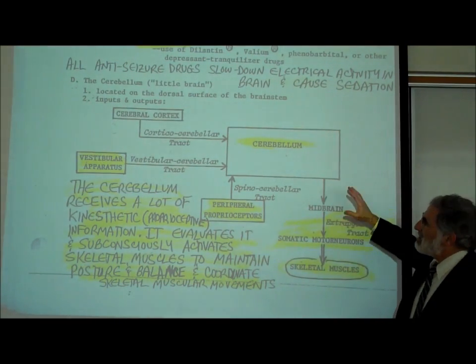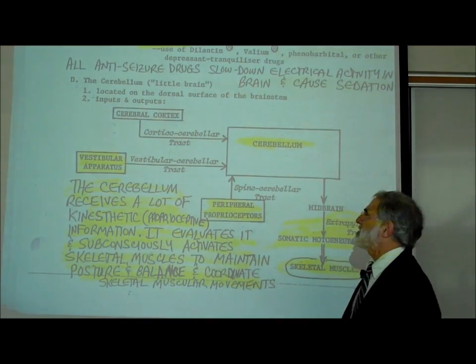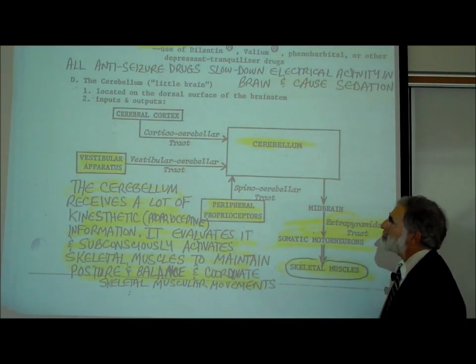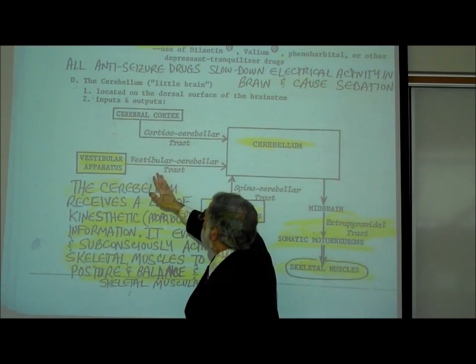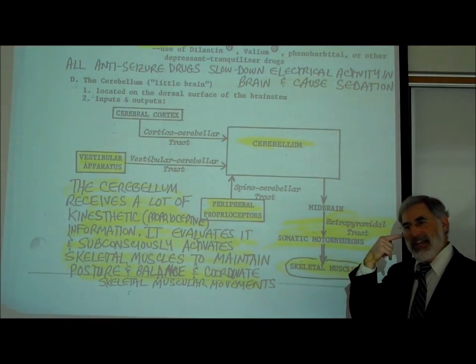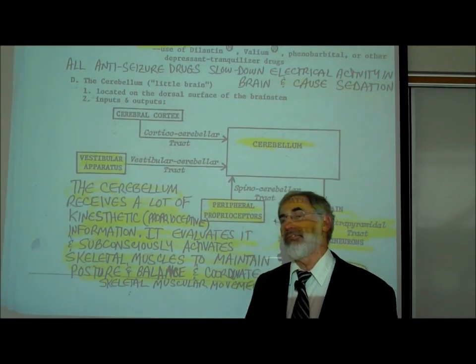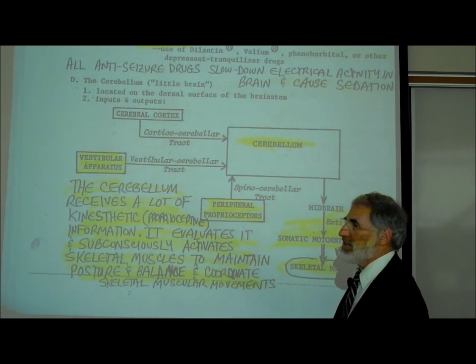Now, this diagram summarizes the various inputs and outputs associated with the cerebellum. We see that the cerebellum receives sensory information from the vestibular apparatus in the inner ear, which we know provides information about spatial sense, rotation, and spinning.